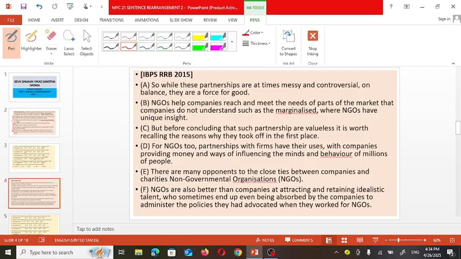NGOs are also better than the companies at attracting and retaining idealistic talent, who sometimes end up even being absorbed by the companies to administer the policies they have advocated when they work for NGOs. So, like this, you are able to observe these six sentences here.